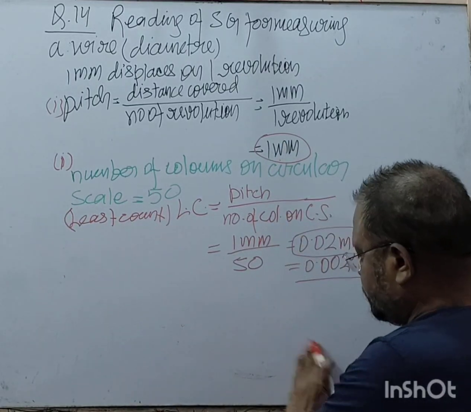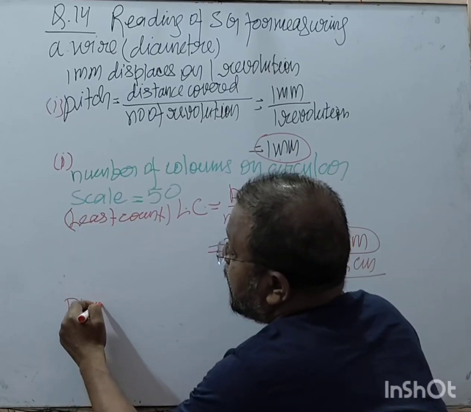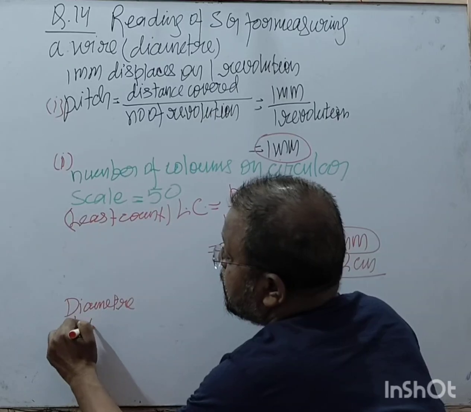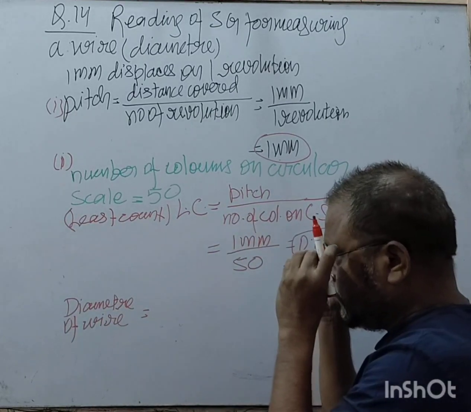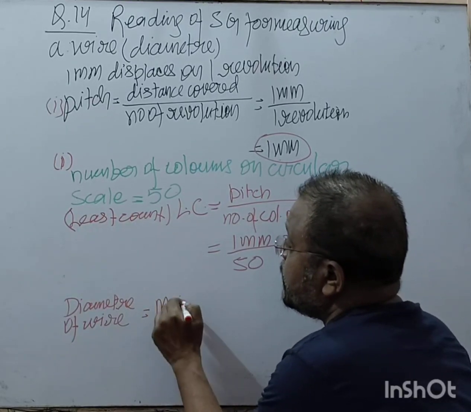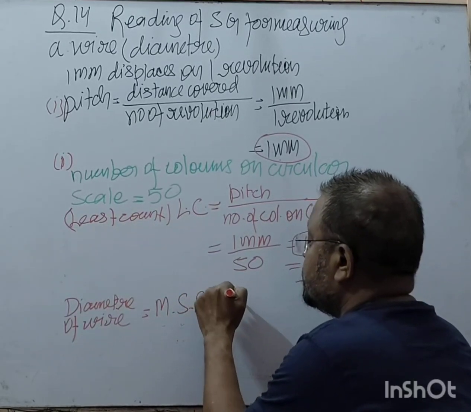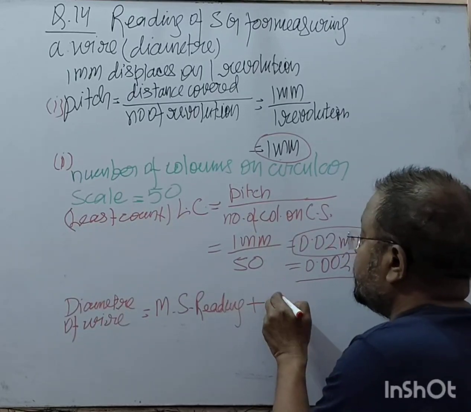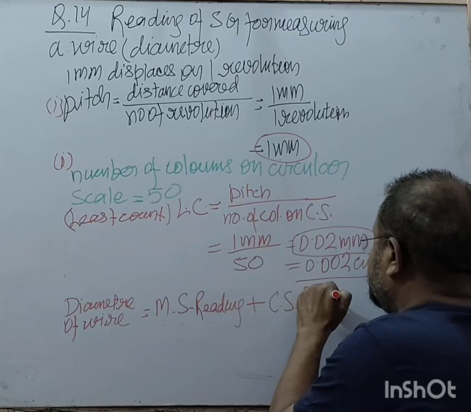Now the diameter of the wire is equal to main scale reading plus circular scale reading.